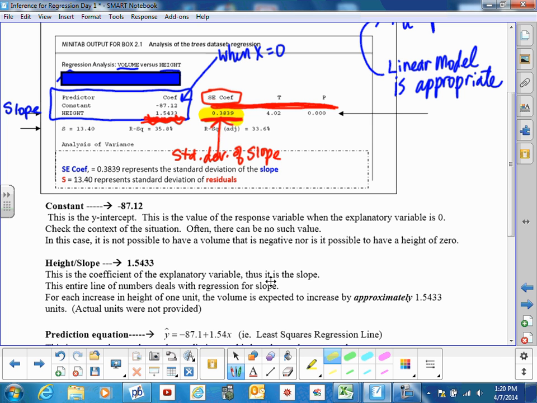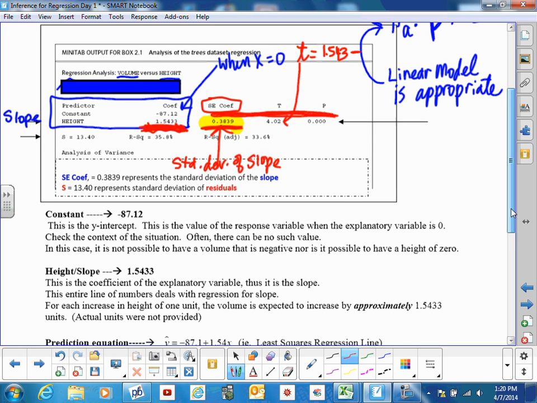Now next, this right here is a t-distribution value. That is saying how far away your sample slope, which is this right here, 1.5433, is from what was hypothesized. So this t is my sample slope, 1.543, minus the hypothesized slope.